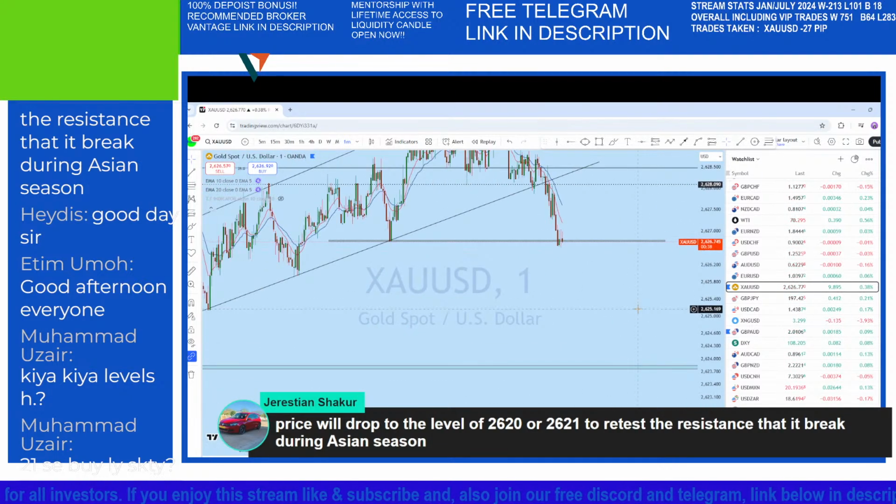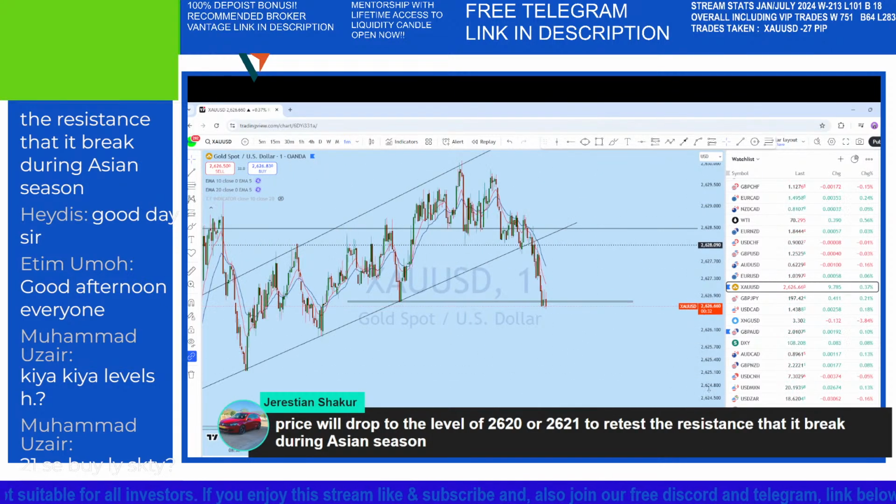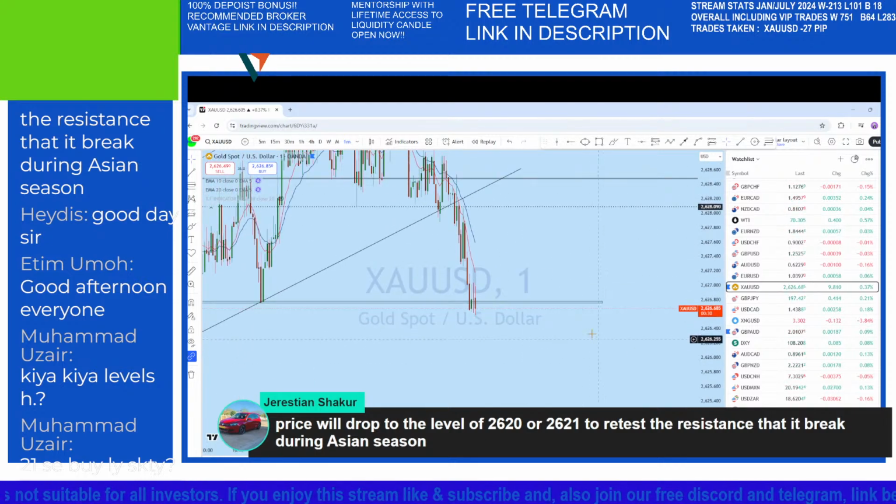Now it is crucial to see whether the market is coming down here to the support, or again returning back to the upside.